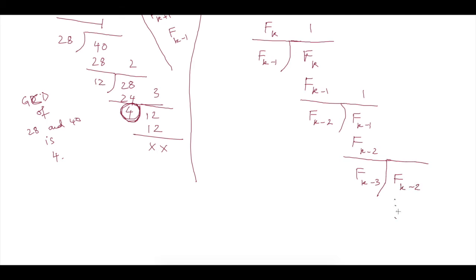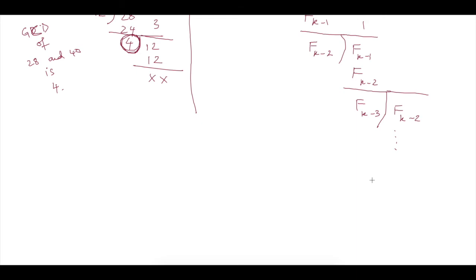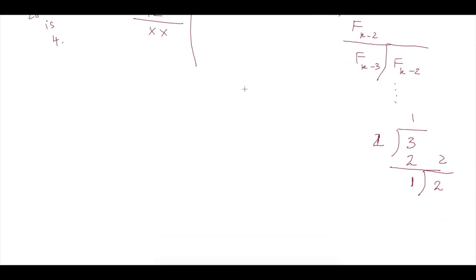It goes on and on until I reach, let's say, 2 here and 3 here. So 1, 2 and 1, 2. Then I have 2 here, and 2 here. So this is my GCD of these two numbers.